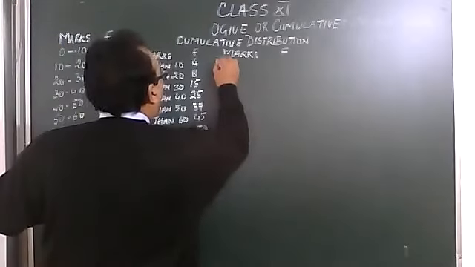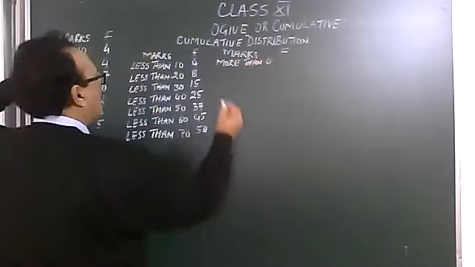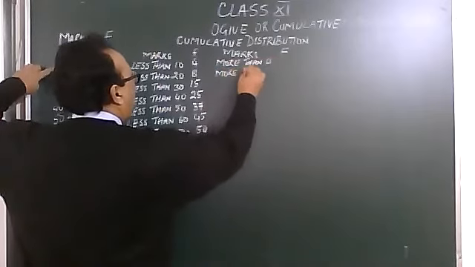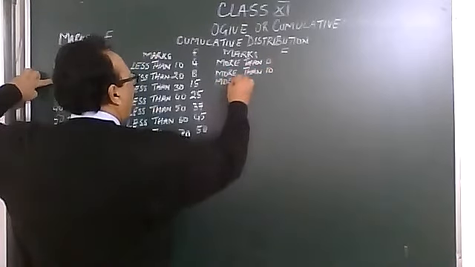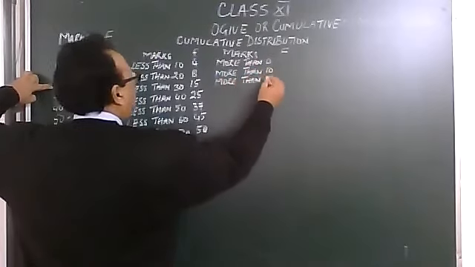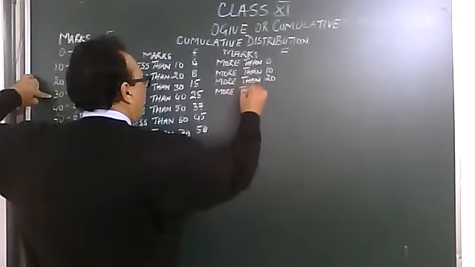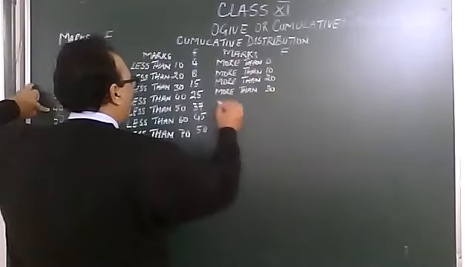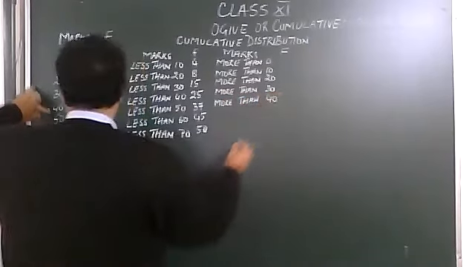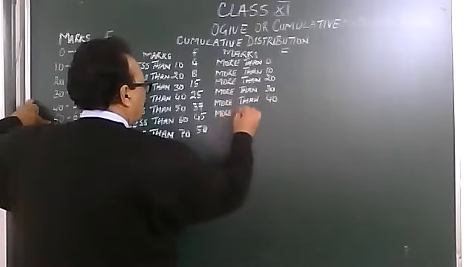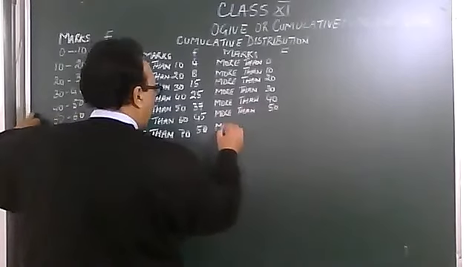So you write more than 0, more than 10, more than 20, more than 30, more than 40, more than 50, more than 60.